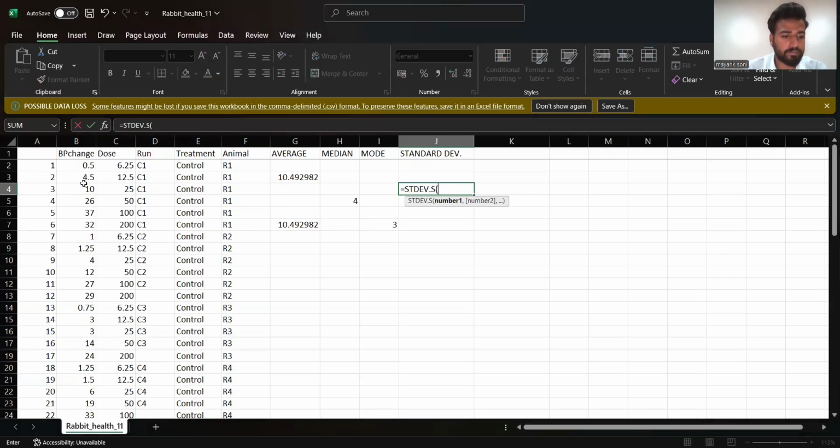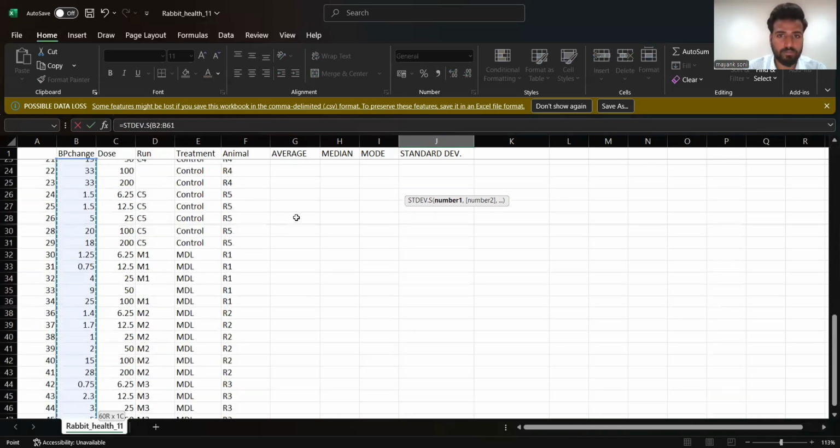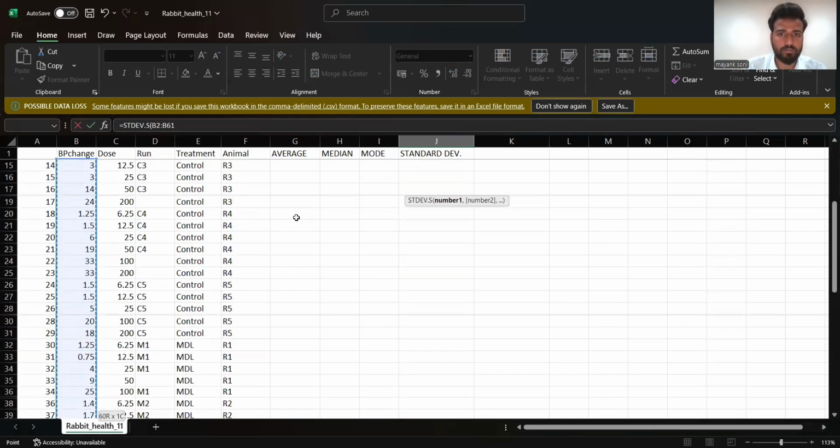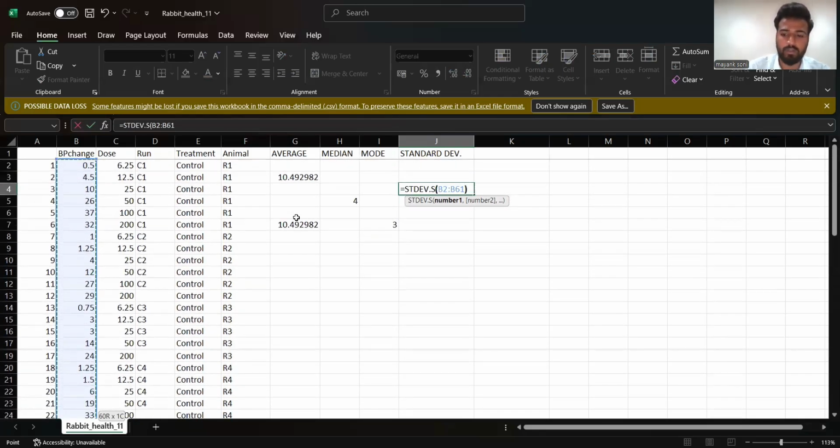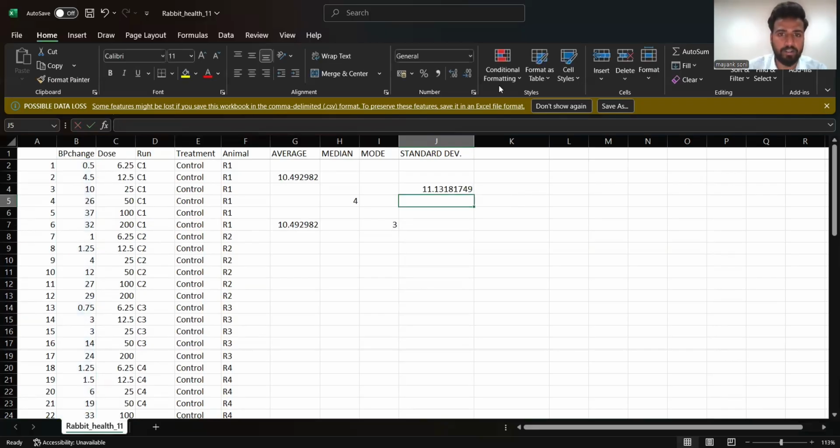Open the bracket, close the bracket, and enter. So 11.1318811749 is the standard deviation, which is quite close to the average.